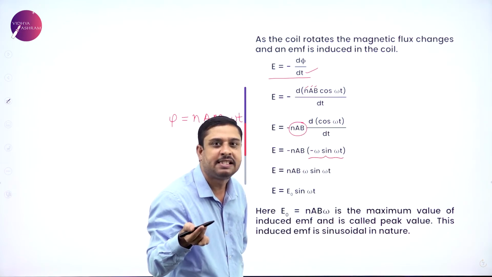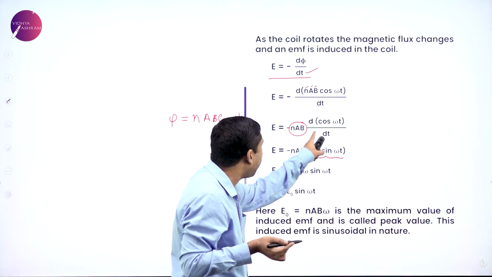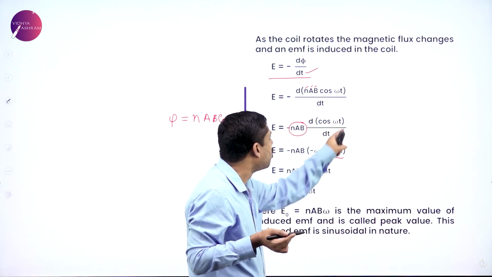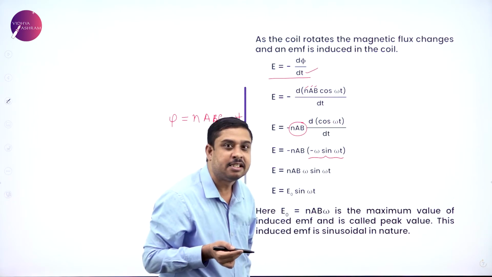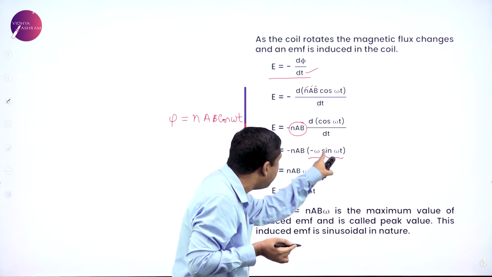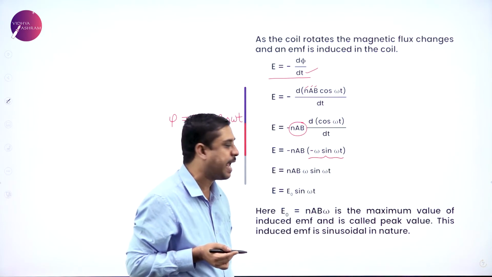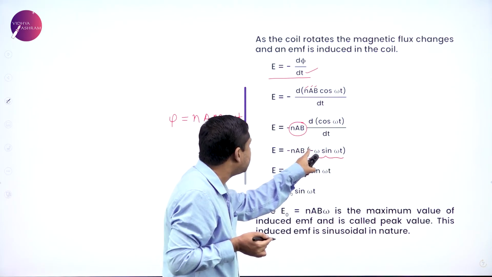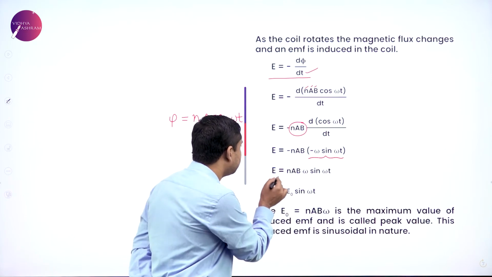You know the basic formula. d by dt of cos omega t. Omega is an arbitrary constant. So minus omega sin omega t. Minus into minus is plus.